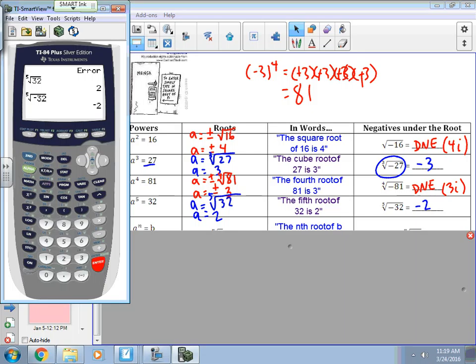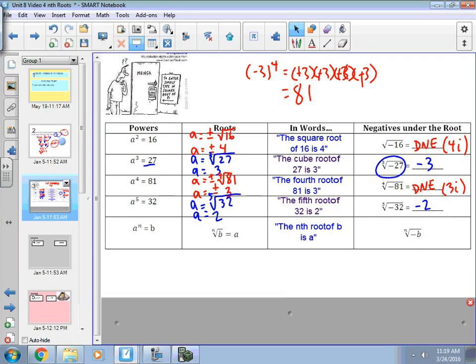So what we're saying here then is some things that you should see. If you're doing any problem here, no matter what the root number is, you can find out what the answer is going to be by taking the nth root. Whatever that number is, take that same root and you can find out a.